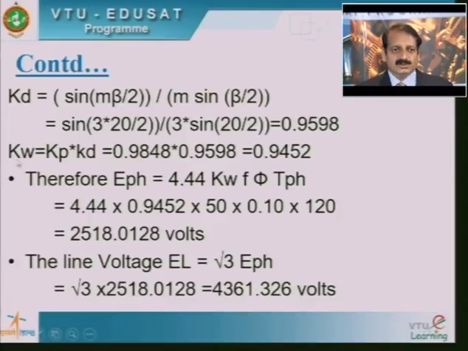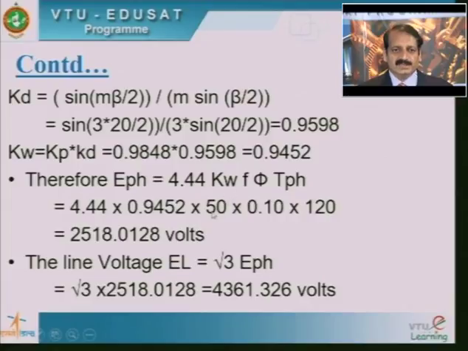In case you should know what is Kw, that is why it is shown separately here. So, Kw, which is equal to Kp into Kd, is given as 0.9452. So, I have substituted here, into frequency 50, flux 0.10, turns per phase as calculated in the earlier step, 120.